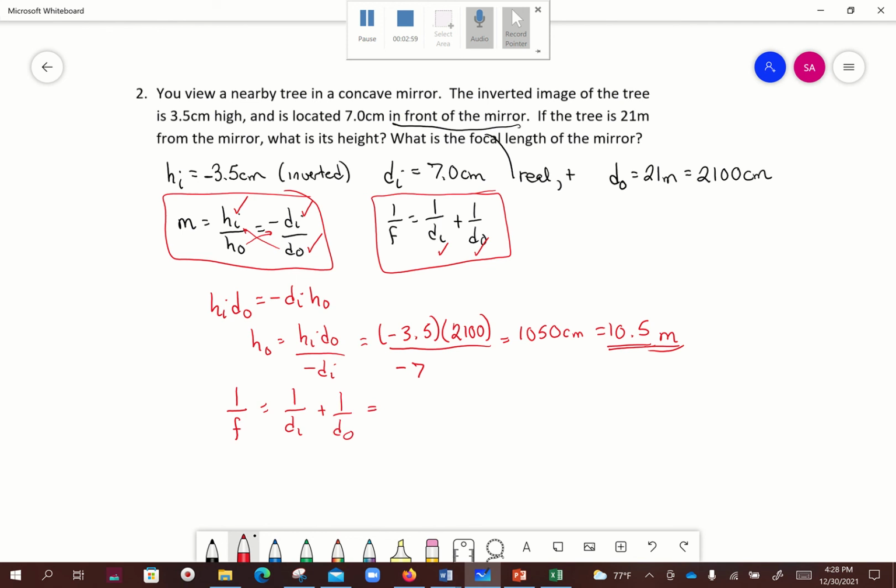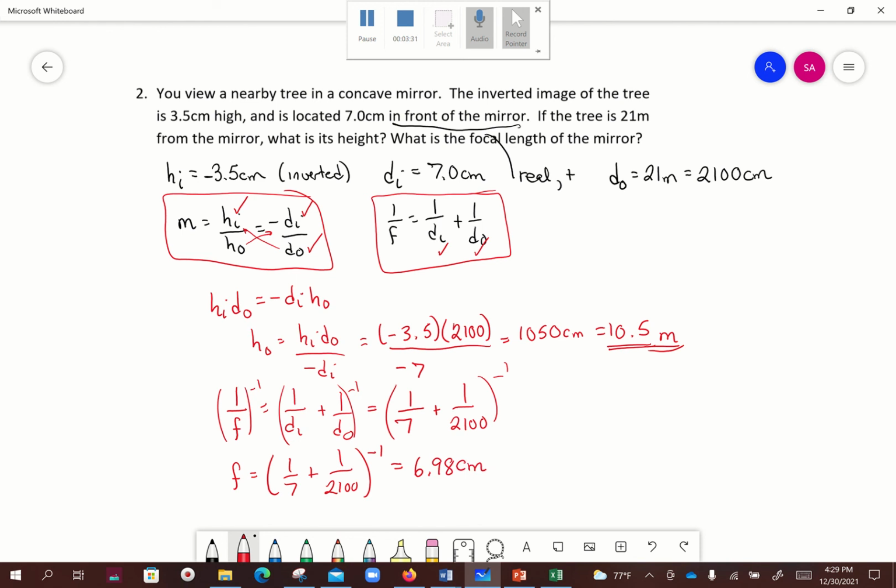That's going to be 1 over 7 plus 1 over 2100 is equal to 1 over F. And I want F, so F is going to be 1 over that number. So F is 1 over (1/7 plus 1/2100). And I get a number that's 6.98, and that unit is in centimeters. So the focal length of the mirror is 6.98.